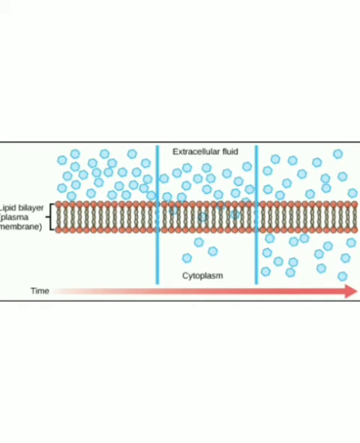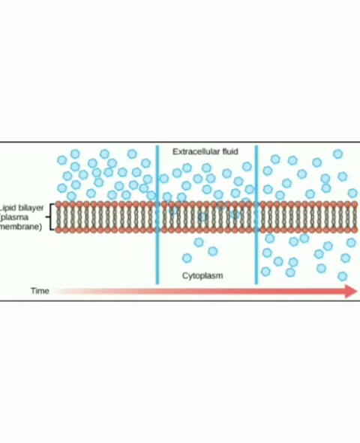Something similar to this happens in cells. For example, carbon dioxide, which is cellular waste, requires to be excreted out by the cell. It accumulates at high concentration inside the cell, so it has to be excreted out.